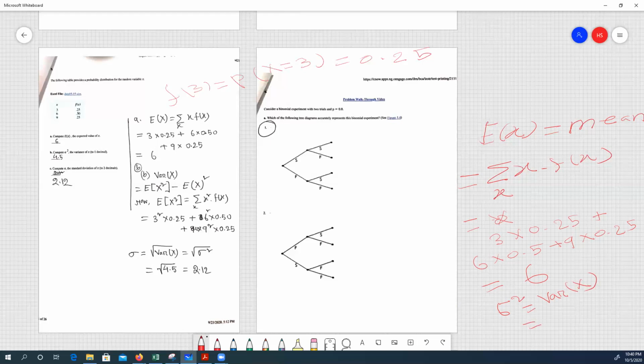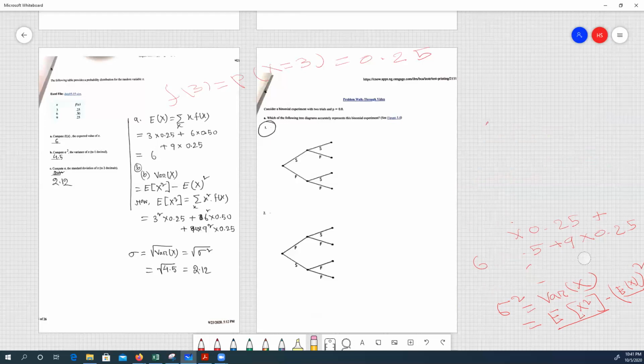The formula for this one is the expected value of x square minus the square of the expected value. Now we already know the expected value of x, so we can take its square, but we do not know the expected value of x squared. So how can we calculate the expected value of x squared?